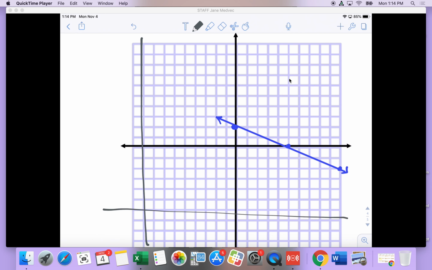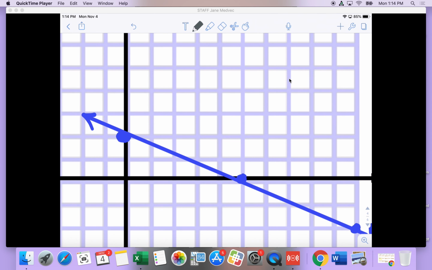You can change your axes. So do that if you run out of room. Another thing you can do is you can go by 2s or go by 5s. So rather than these going by 1, this could be like 2, 4, 6, 8, 10. You can number them. That's another thing you can do.